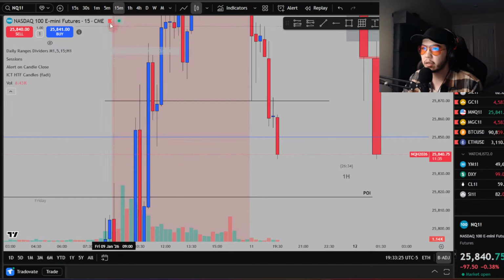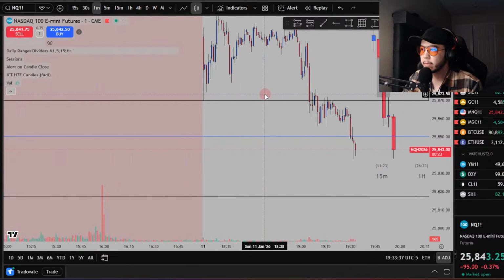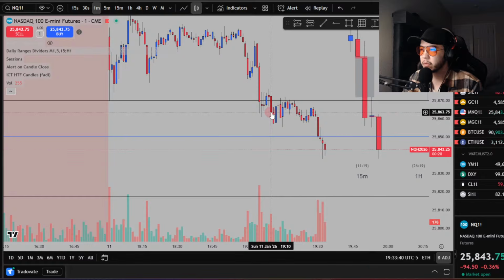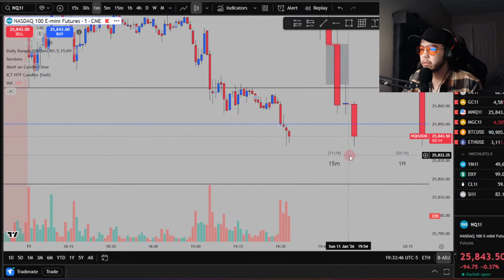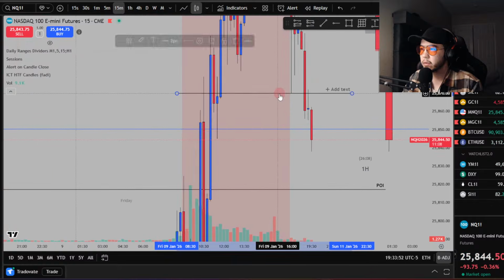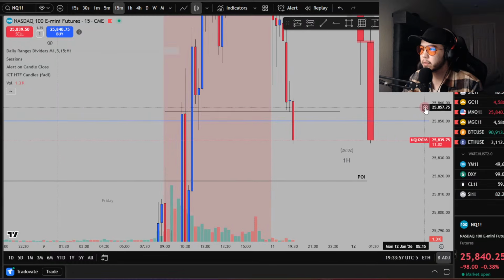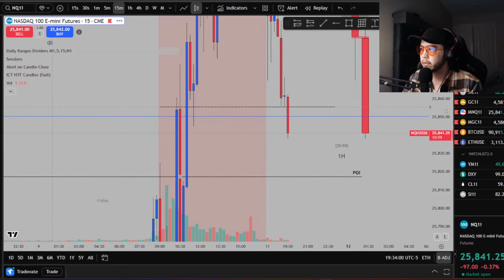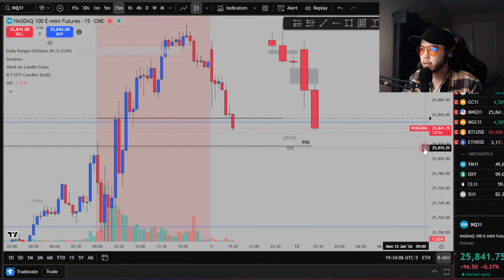Did I miss it? Not quite. Oh yeah, I remember, I was looking for longs. Well, we are officially going to look for short on NQ. So the next level would be somewhere around here.